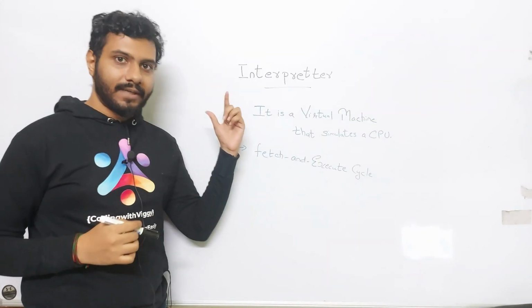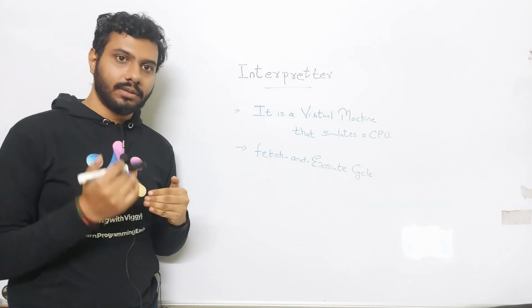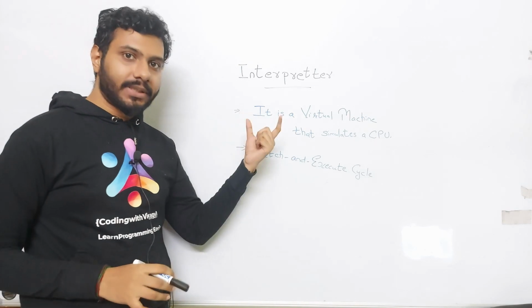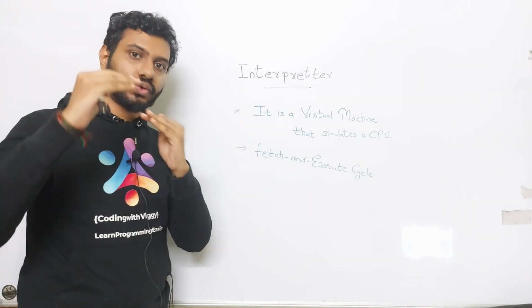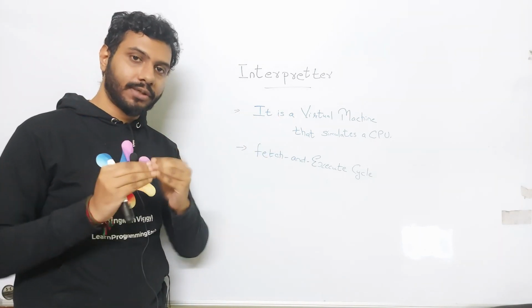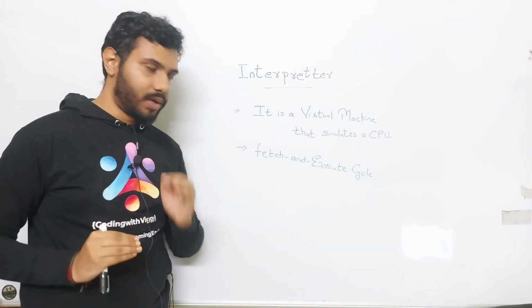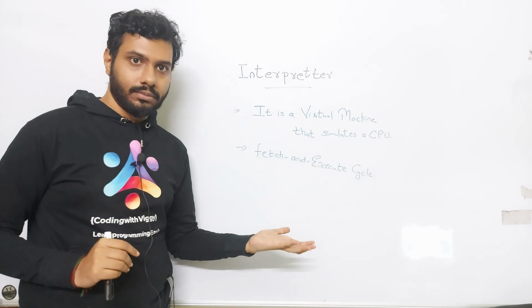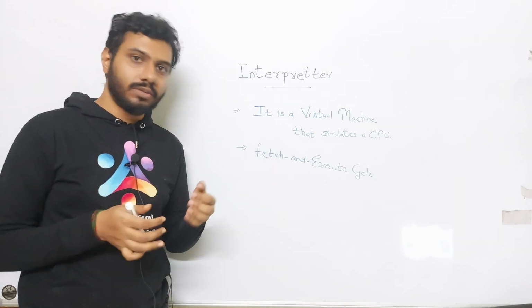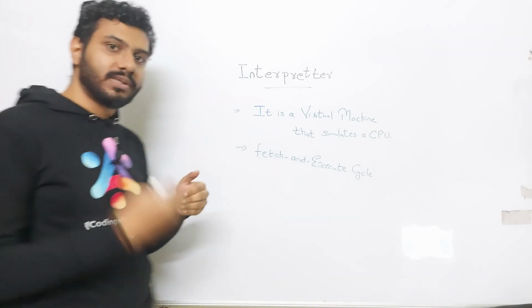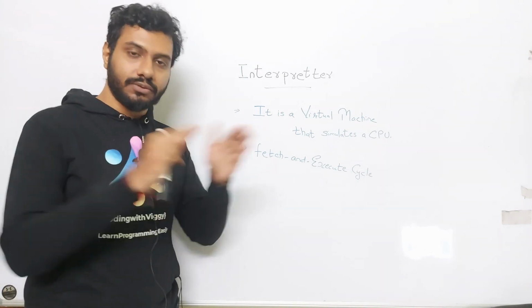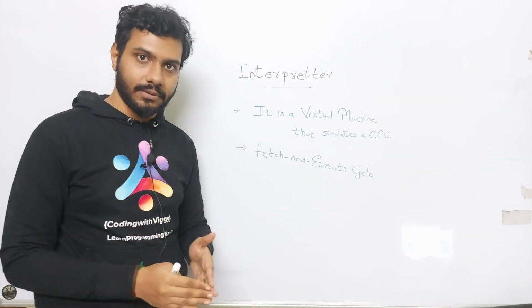Now let us understand the technical aspect of the interpreter. We know source code is given to the interpreter and the interpreter will give the result. The interpreter is a virtual machine, which is not physical. If you say only machine, it is the CPU, which is physical and has an operating system.